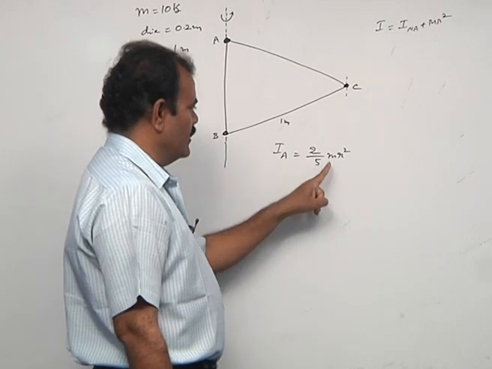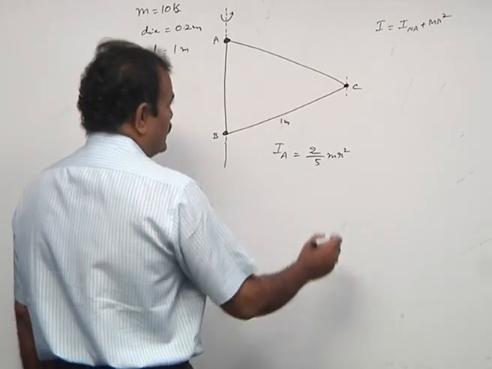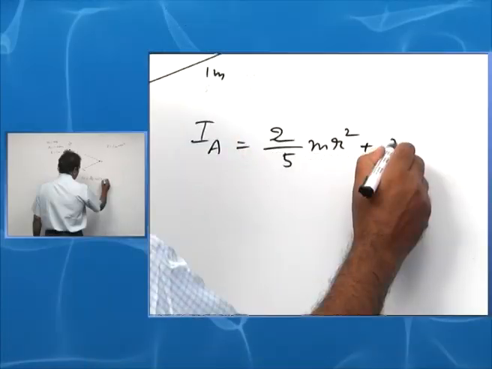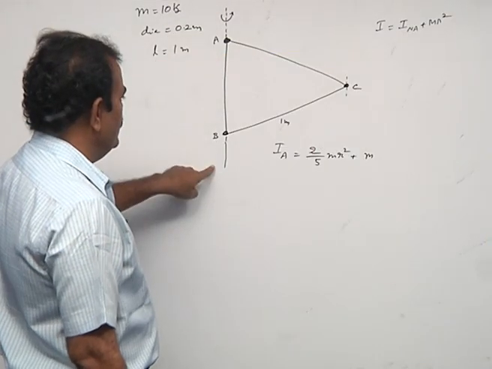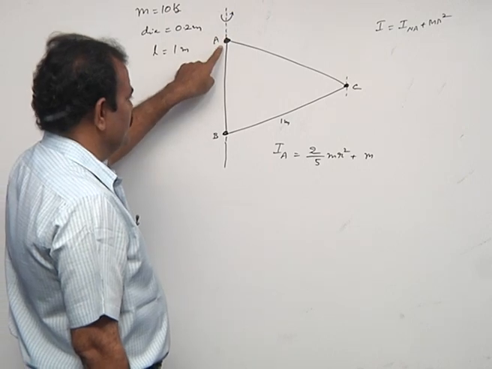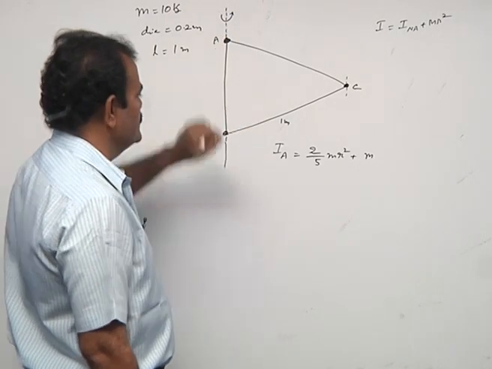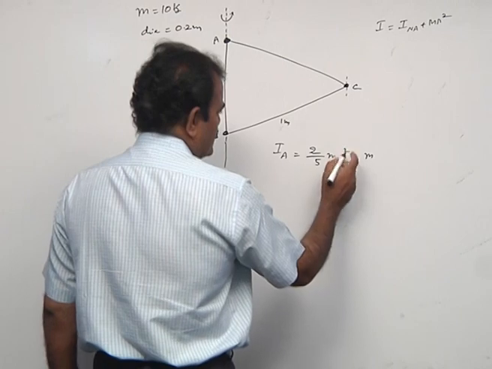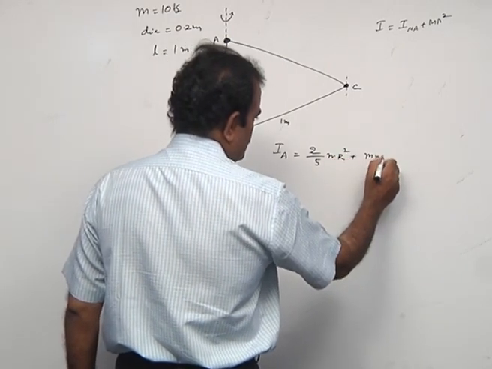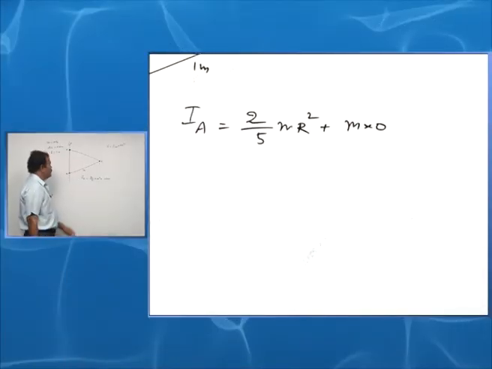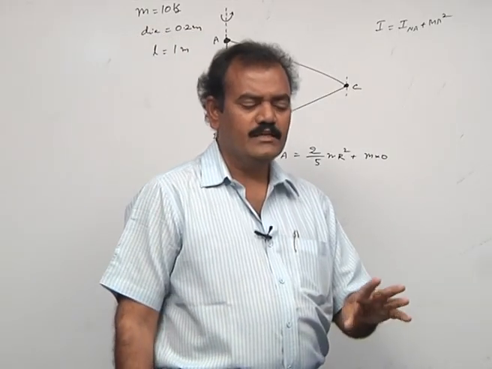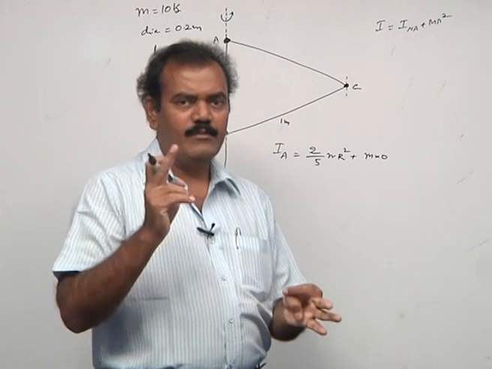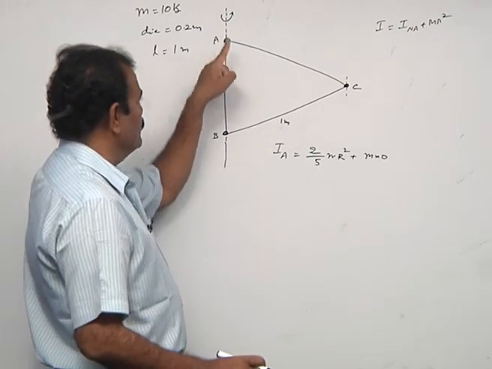IA is equal to 2 by 5 MR square, and thereafter M into distance square. Here the given axis AB and the diametrical axis of that sphere both are coinciding.